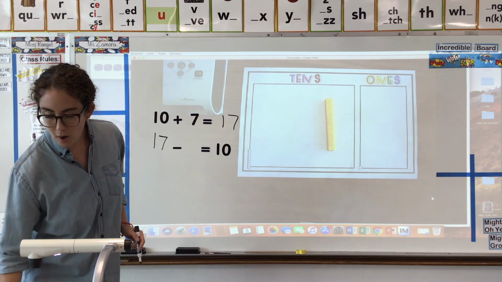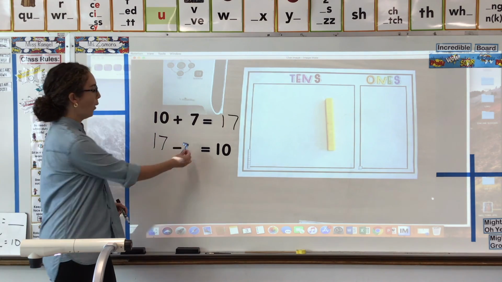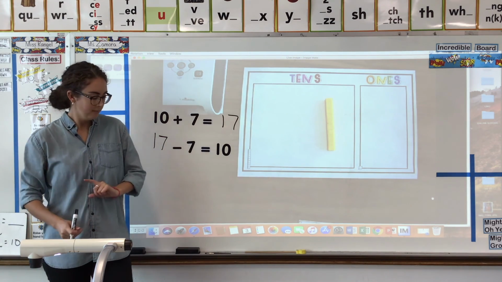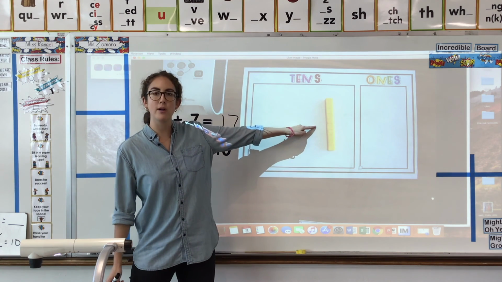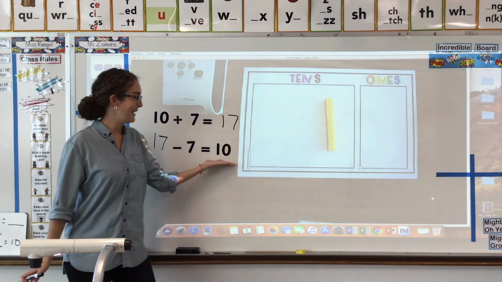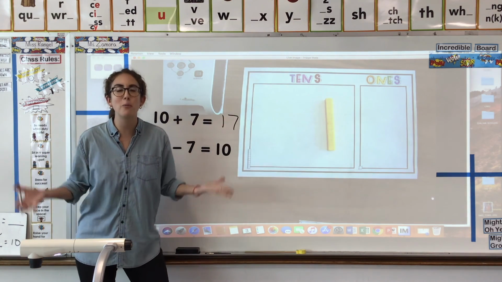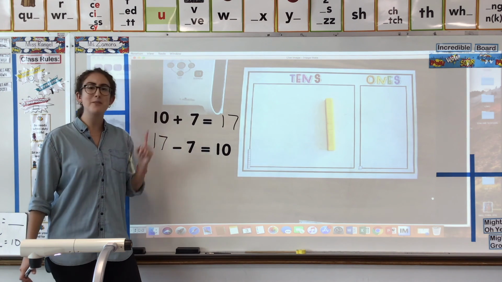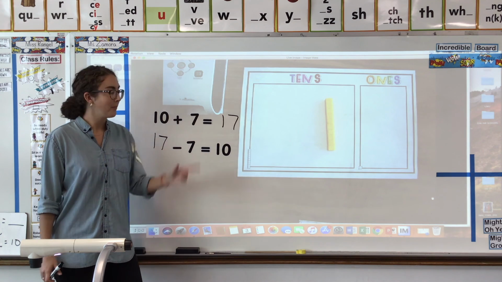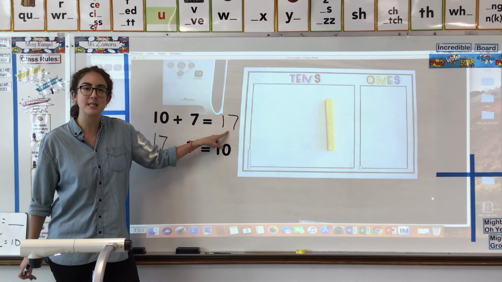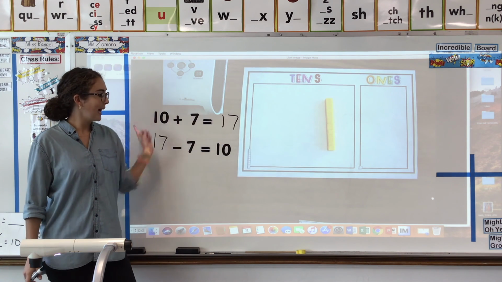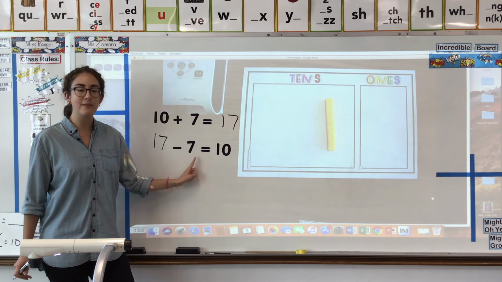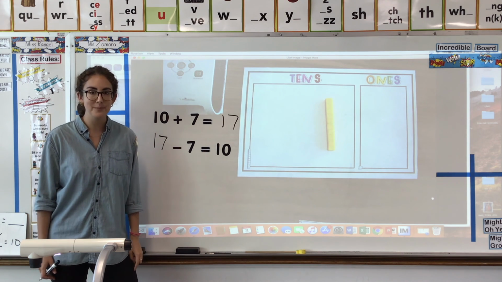I took away all the ones, the whole 7. What is left over? 10, just 1 ten. We are left with what we originally started with.